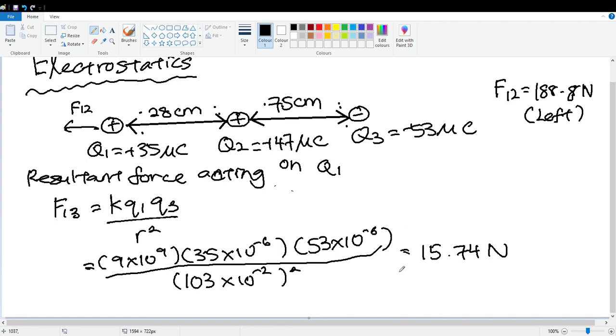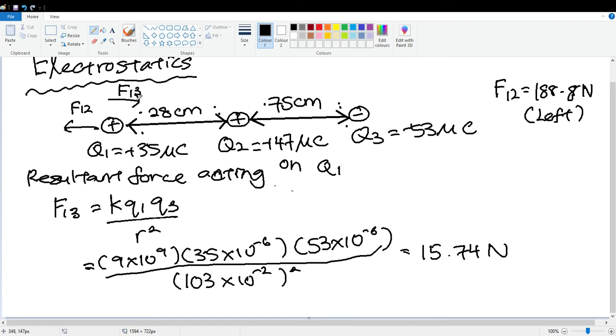Okay, so this is F13. Between Q1 and Q3, both charges are different, so it means that they are attractive. Attractive means that Q1 is about to move towards the right side.